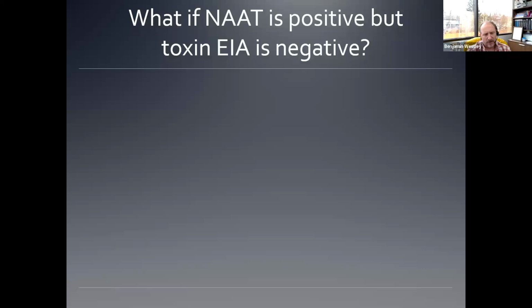Now, I alluded to this earlier, but this is a question that we get many times, maybe each month. What if the stool NAT is positive, but the toxin is negative in the stool? So the whole reason that PCR testing was developed 20 years ago or 18 years ago for this is that the toxin EIA, that's an enzyme immune assay, is a very cheap and easy test, but the sensitivity is poor.